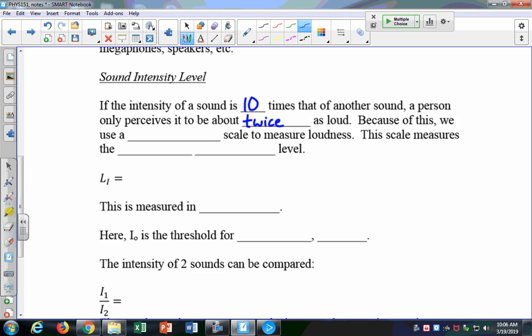And because our perception is a lot smaller than the actual change in intensity, we use a different kind of scale, a logarithmic scale, to measure loudness, and this scale measures the sound intensity level.